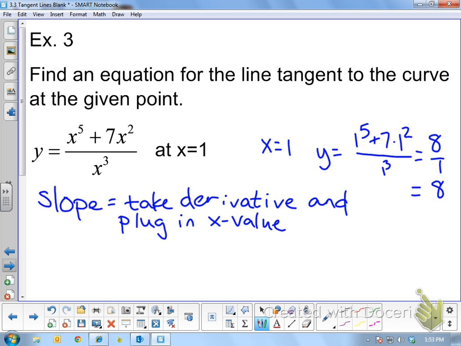So how can I go about taking the derivative of this? Bring the x cubed up. Okay, you could think of it that way, but if we did that, we'd then have to distribute x to the negative 3, which sometimes makes your brain hurt.